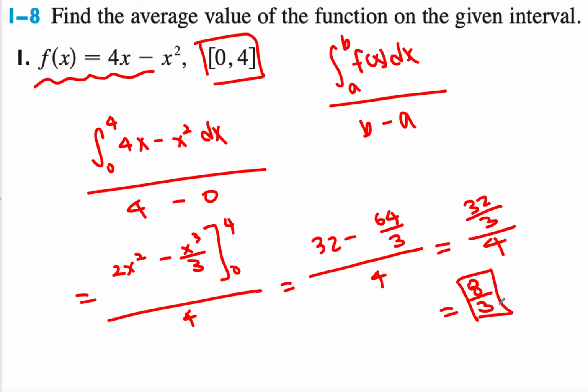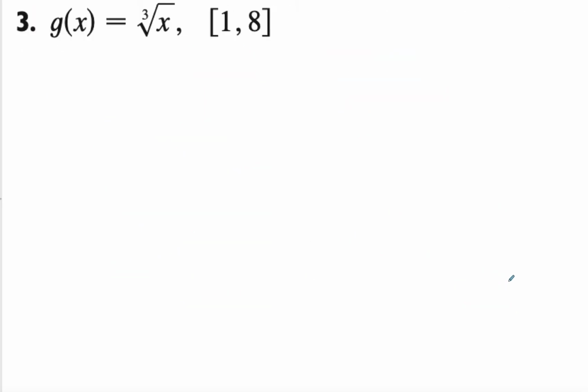That becomes our final answer. So in other words, if the function represents the height from 0 to 4, the average height, the average y value of this function over this interval, was 8 over 3.